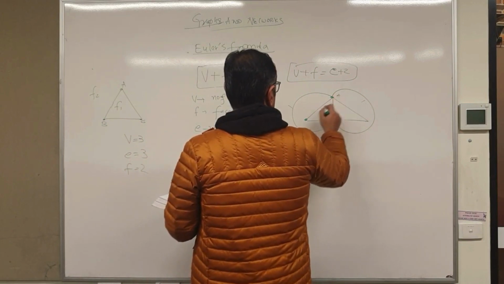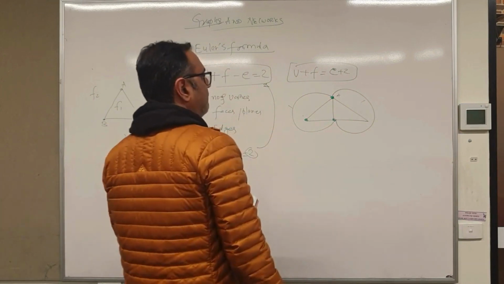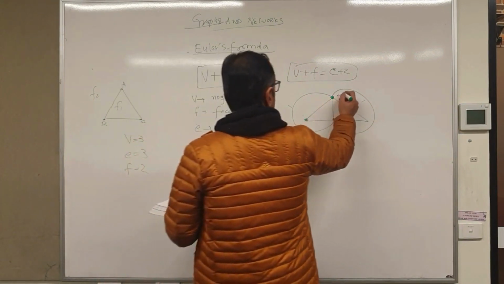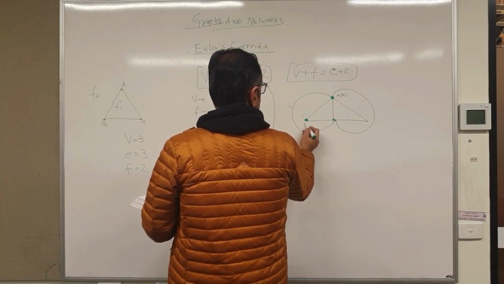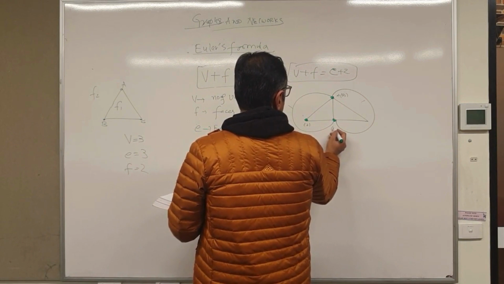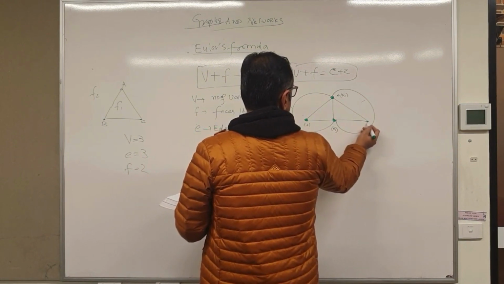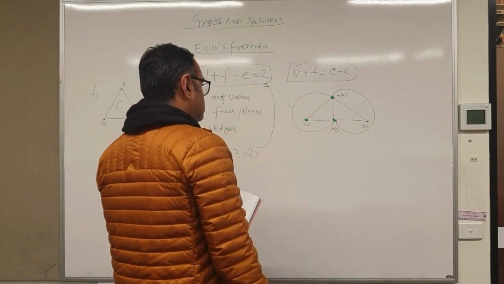This is A, let's say A, B. What's the degree here? Yep. What's the degree here? 2. What's the degree here? What's the degree here? 2. Is it 14?